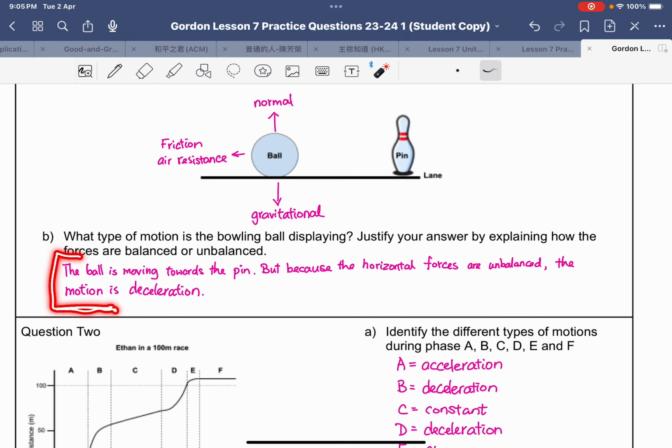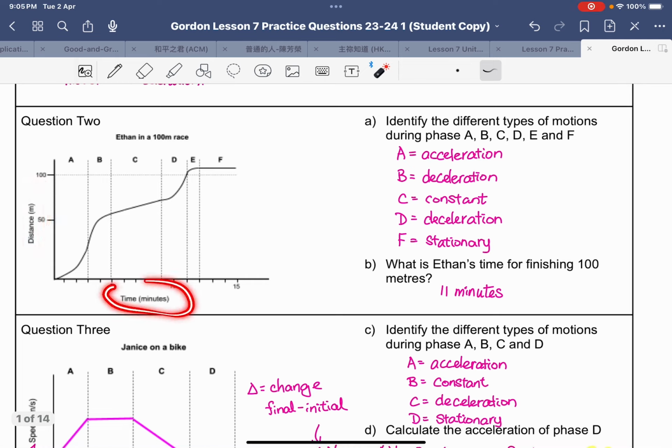Question 2. This is a distance time graph. And yes, Ethan's running a 100 meters race using minutes as a unit of measurement, which means he's super slow. A is acceleration, and you can see that the change in the distance is getting greater and greater, so it becomes a slope like that over time.